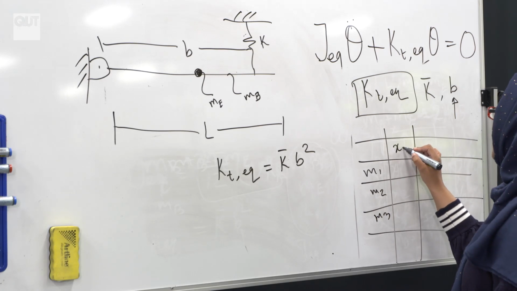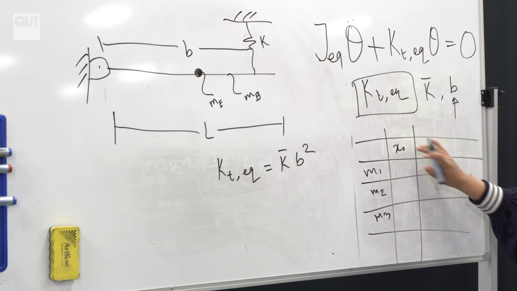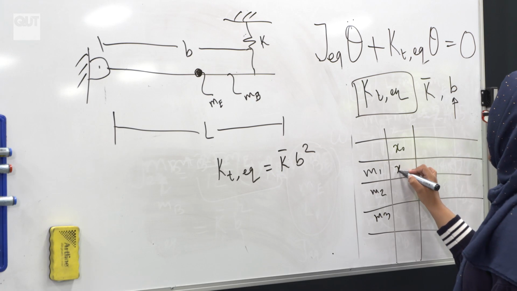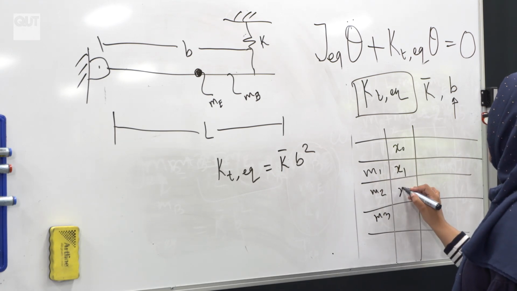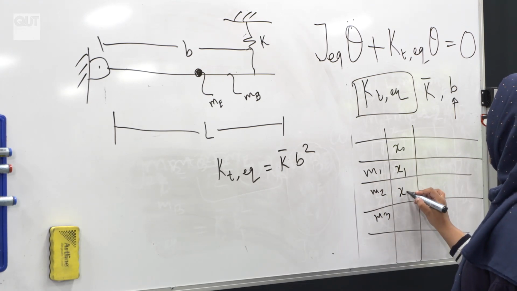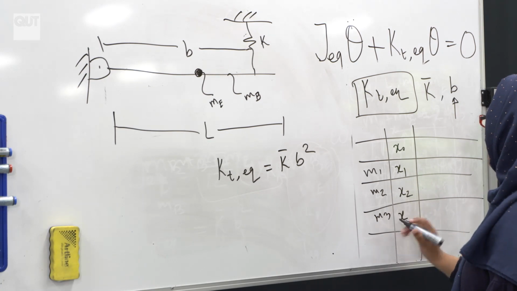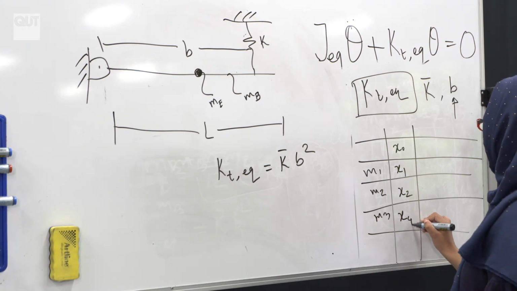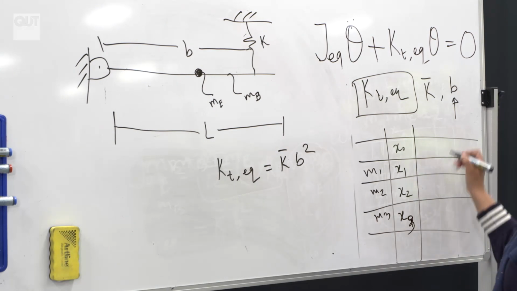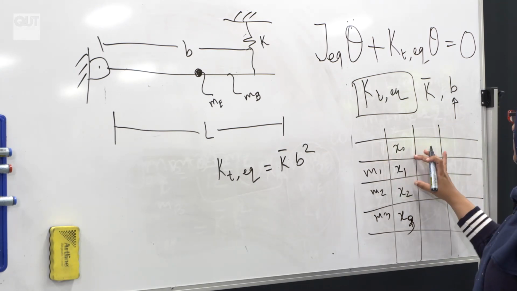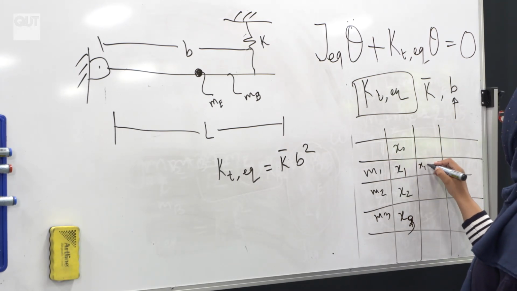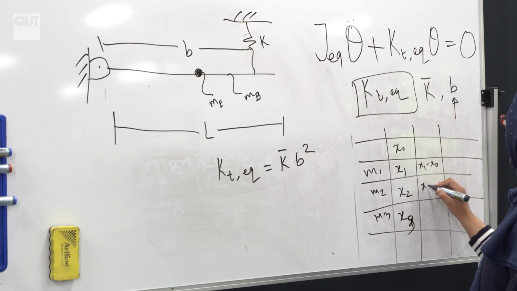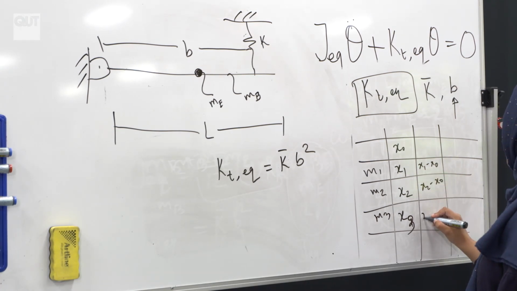One is without mass, which we will consider the static elongation of the spring. The second is with respect to mass 1, the third is with respect to mass 2, and the fourth is with respect to mass 3. Then we take the difference between these elongations, which gives us x1 minus x0, x2 minus x0 and x3 minus x0.